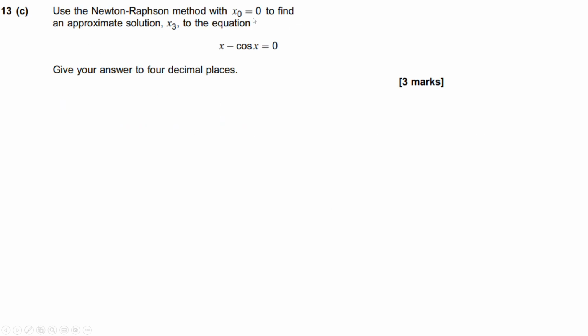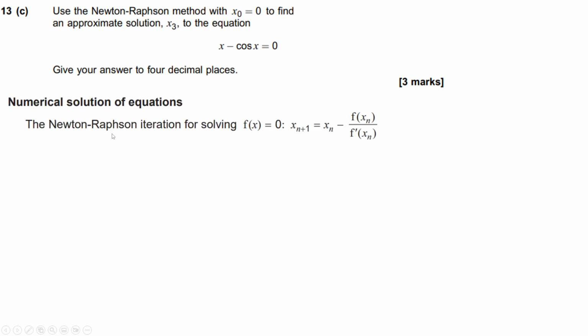Use the Newton-Raphson method with x subscript 0 equals 0 to find the approximate solution x subscript 3 to the equation this. This is the method you're given in the equation book, right? If you just say f of x equals this, as you usually do in questions like this, because f of x equals 0, we want to differentiate it.